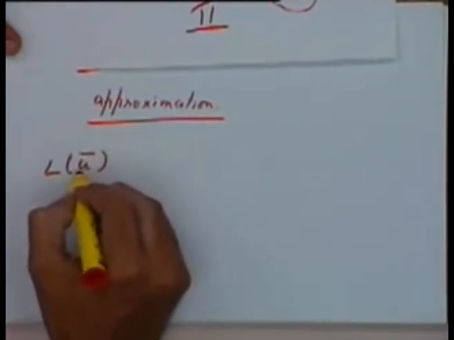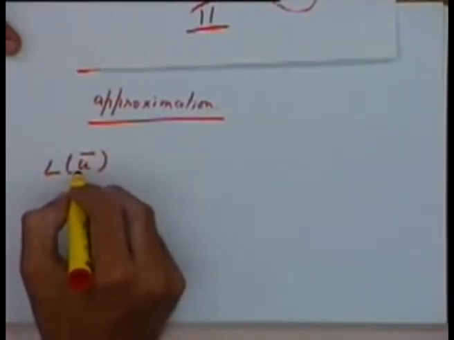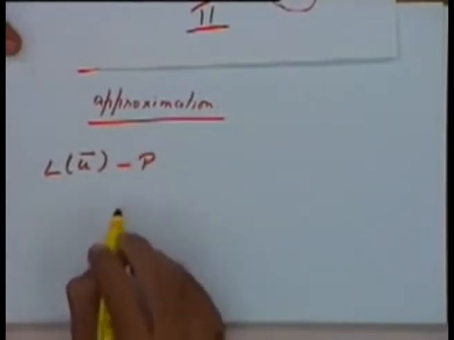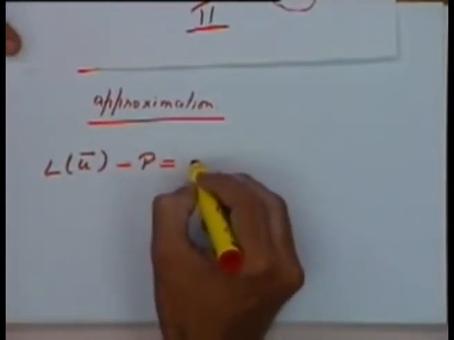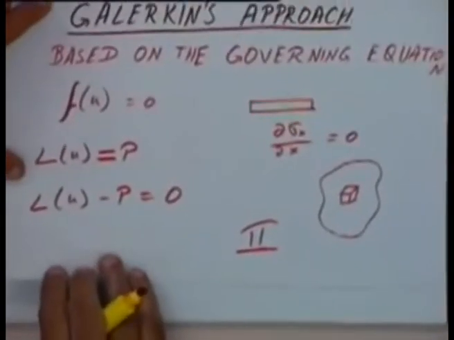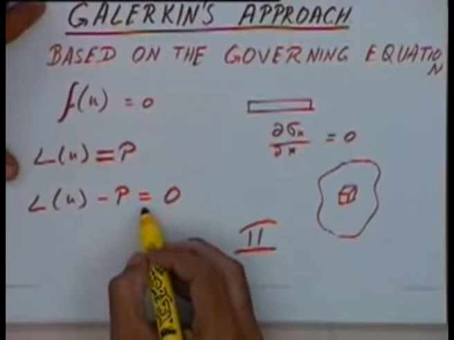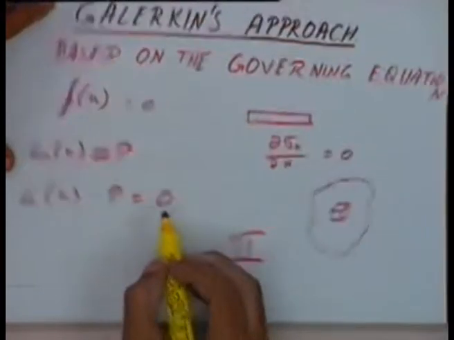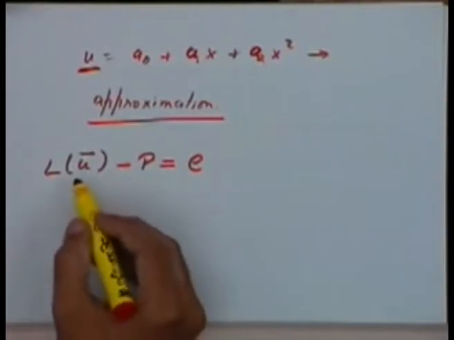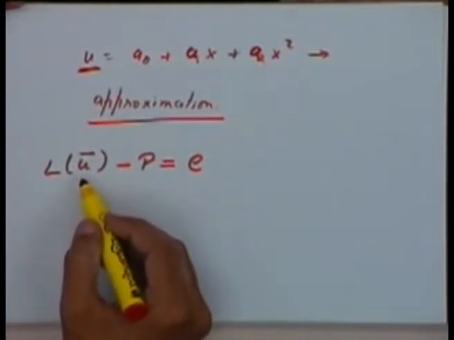I am using u bar for the approximation of u. So, L of u bar minus P, but now this will not be equal to 0, this will be equal to some error term. L of u minus P is expected to be 0, but L of u bar minus P will have some error term involved, because u bar is an approximation, it is not the actual deformation.